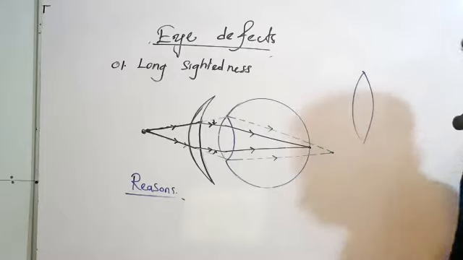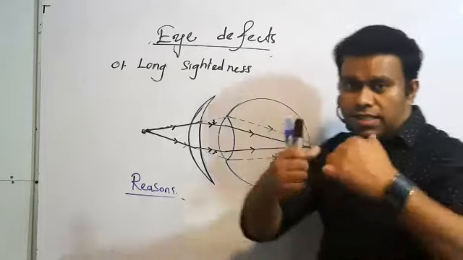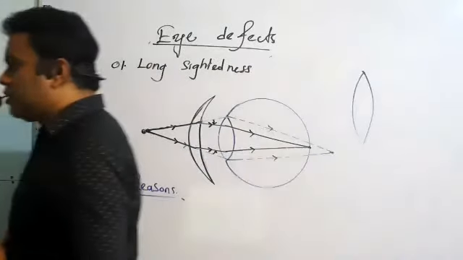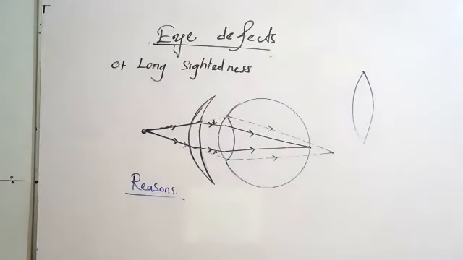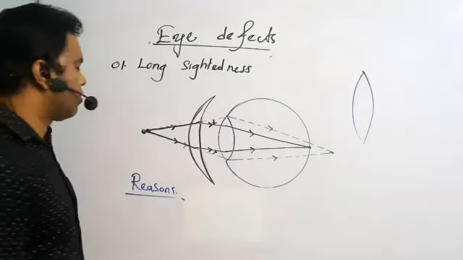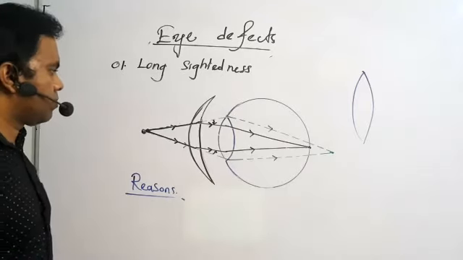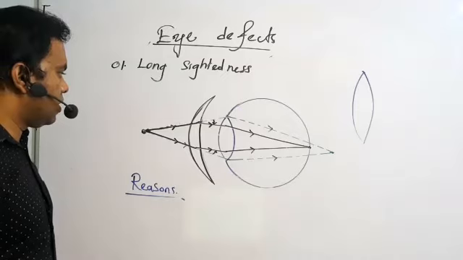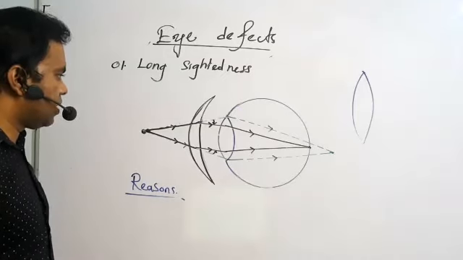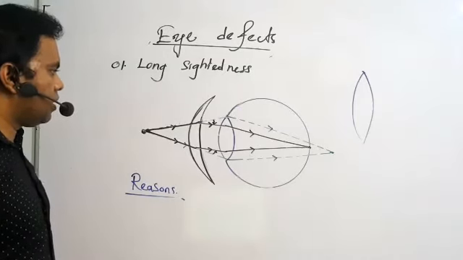The ciliary muscles cannot increase the curvature. Weaknesses of the ciliary muscles to increase the curvature of the eye lens.